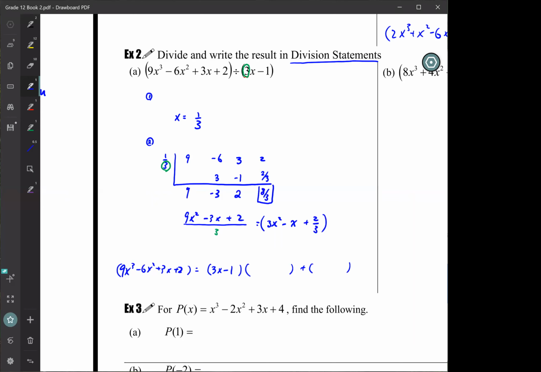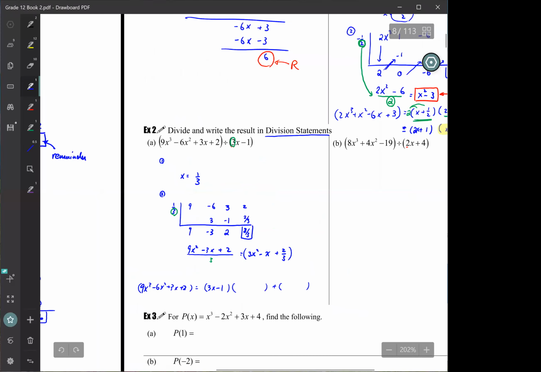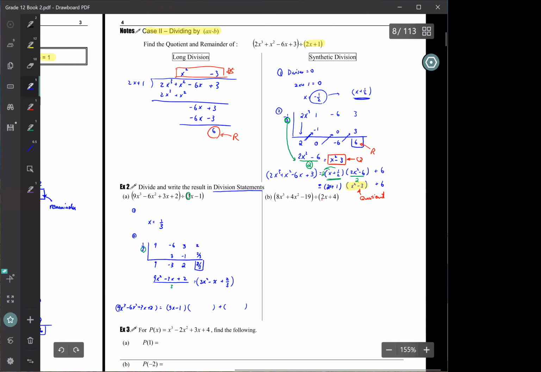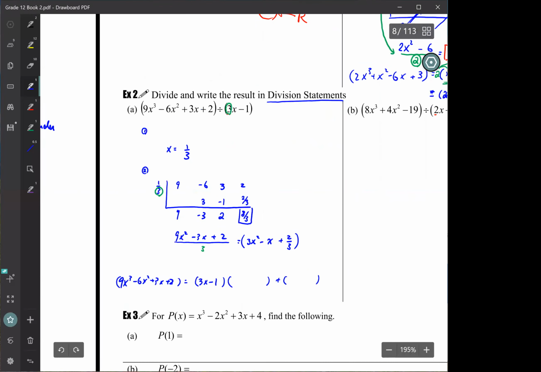Before we used x minus, right? Look, the previous question, we used x plus half. It was because I was trying to explain why we need to divide by 2, right? So since we already divided by 3, we are just going to use the final answer, all right?